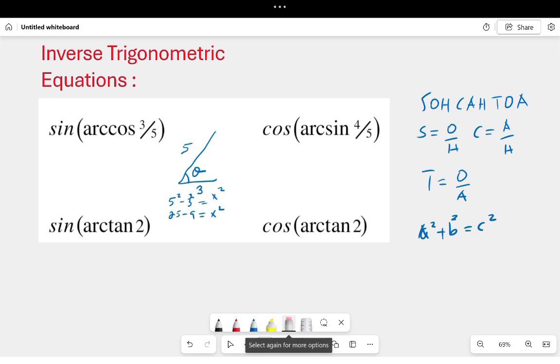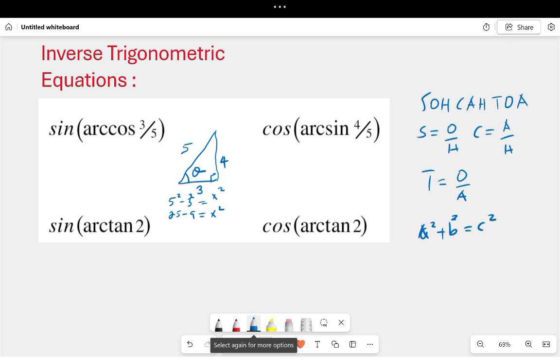So here we are going to have 4. So we have a right angle triangle of the sides 3, 4, and 5.